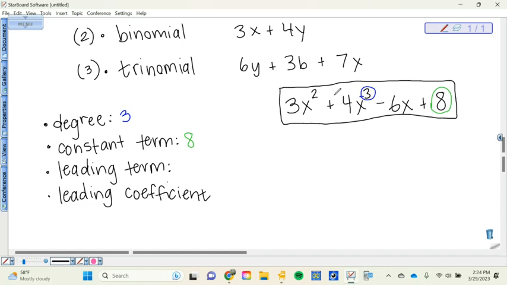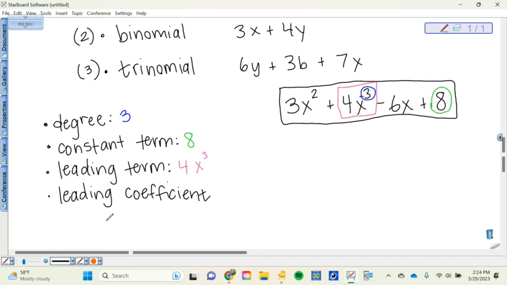That's it, 4x cubed. This whole term would be the leading term. No, it's not a -3. So that's 4x cubed.